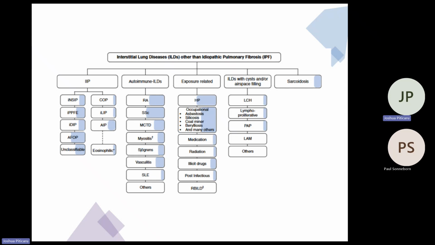So when we talk about a pulmonary functional unit, like a hepatic lobule would be in a liver, this is called a secondary pulmonary lobule. It's not the alveoli that are the functional units, but the secondary pulmonary lobule is. And the center of that comes the terminal bronchiole along with your arteriole.